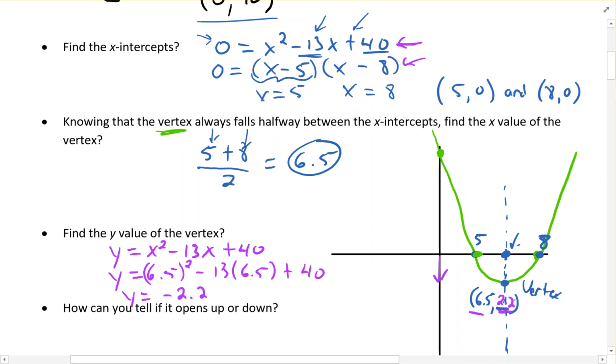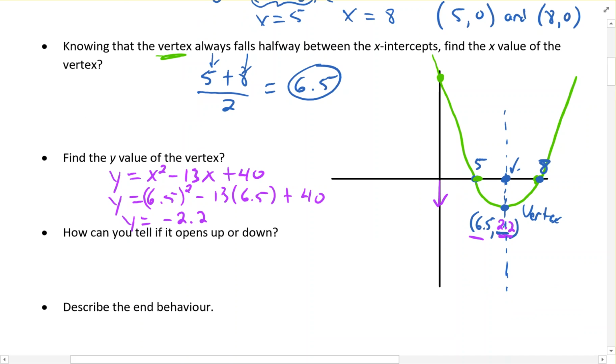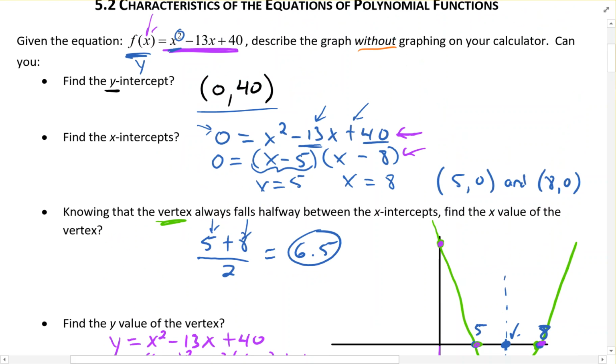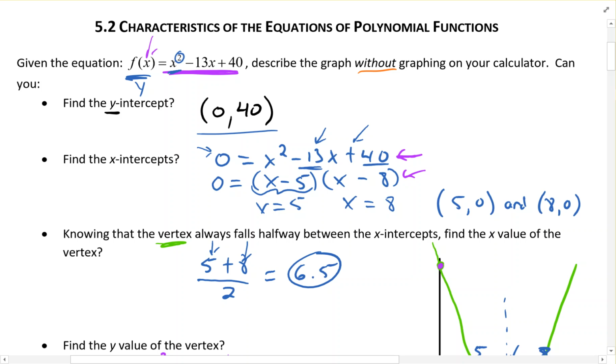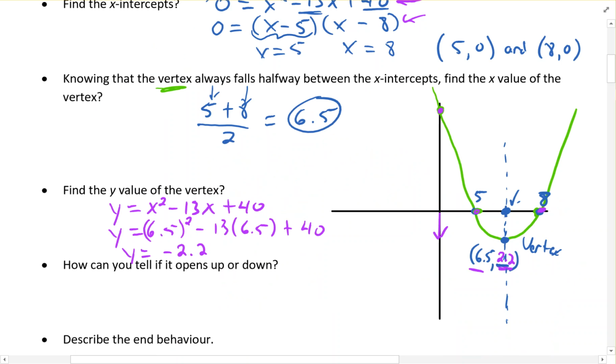Okay. How can you tell if it opens up or down? Well, I could tell earlier than this because it had a y-intercept and two x-intercepts. And I knew that we were dealing with a parabola because we're dealing with the quadratic equation, or quadratic formula.